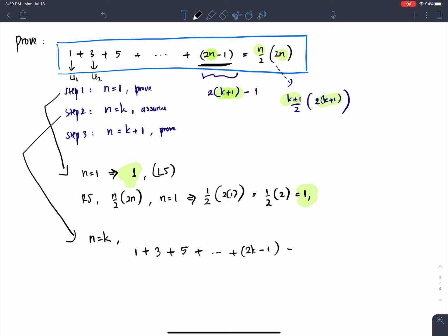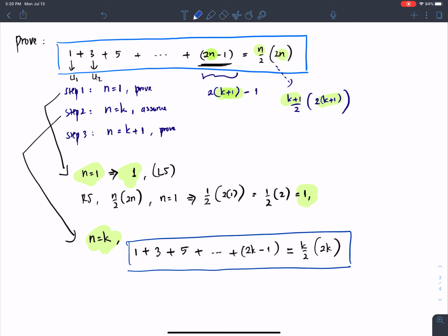Assume it is true, equal to k over 2 times 2k. Yeah, all n now change to k. Okay, again repeat. n equal to 1, step 1, proof already done. n equal to k, assume. So we assume that this model is true.